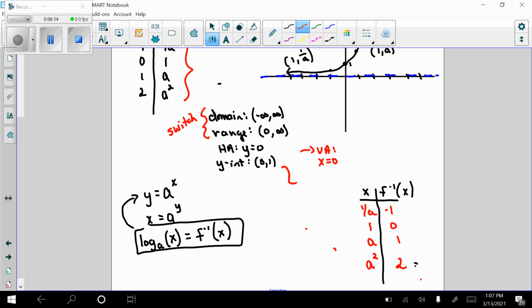My y-intercept is going to become an x-intercept at 1, 0, which is right here in my chart. So my domain is the range of the exponential function, so 0 to infinity. My range is all real numbers.